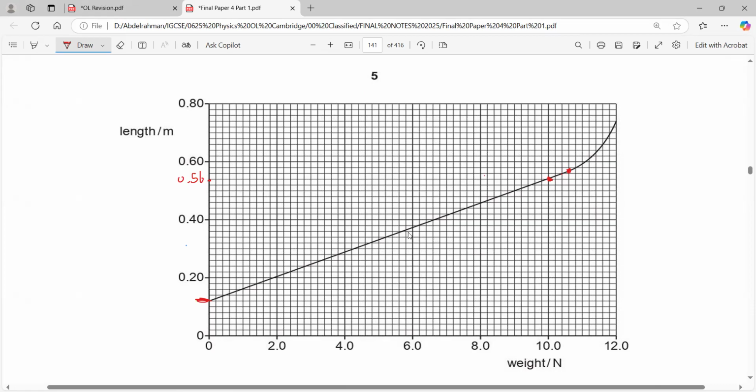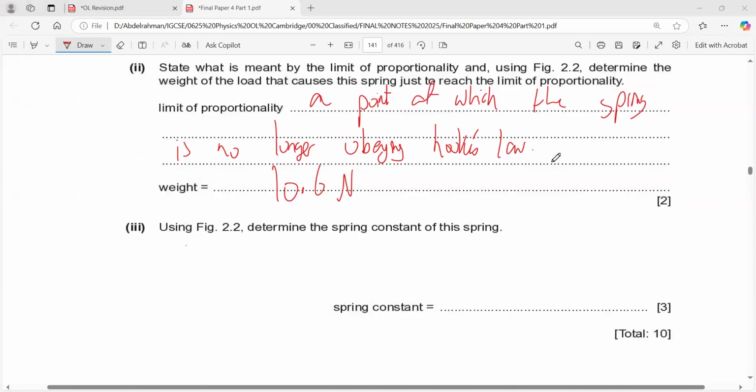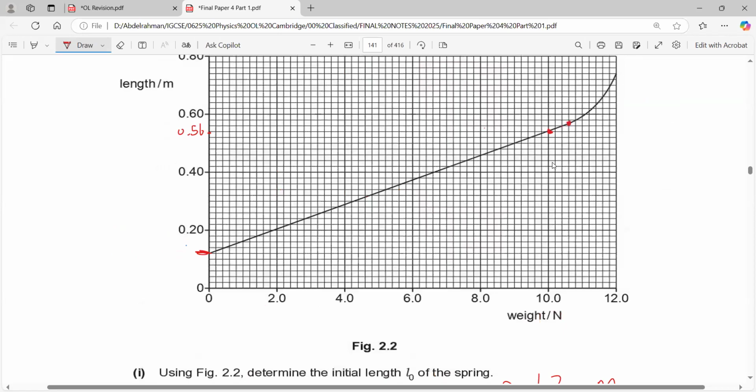No, that would be wrong. Why would it be wrong? Focus, because k equals F over x, not F over l. So the force is 10 newtons. Is the extension 0.56? No, the extension is not 0.56. How can you find the extension?